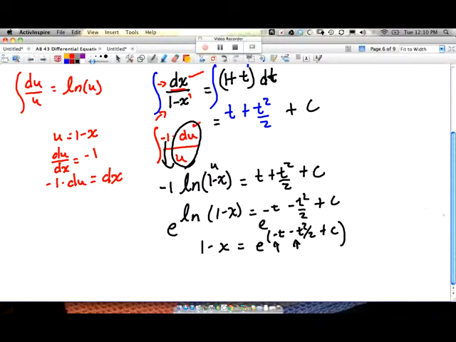But then the plus, that stays up top. So advanced algebra here, seeing how this stuff fits together. We still have 1 minus x on the left side. On the right side, we have 1 over e to the t. Because this is subtraction, again, that's 1 over, so times 1 over e to the t squared over 2. And then plus the c, so that's going to be times c there.